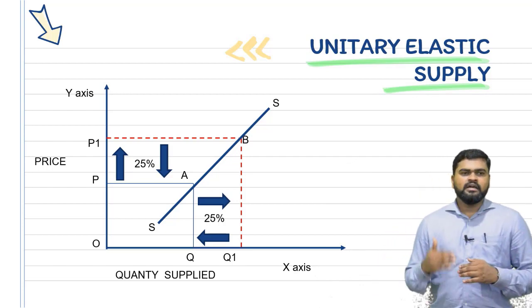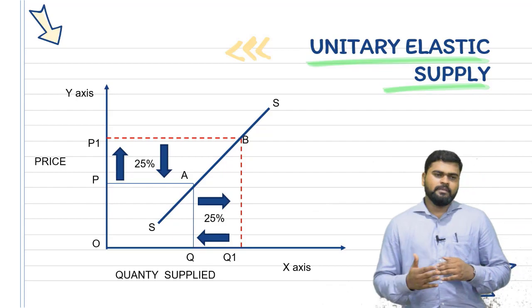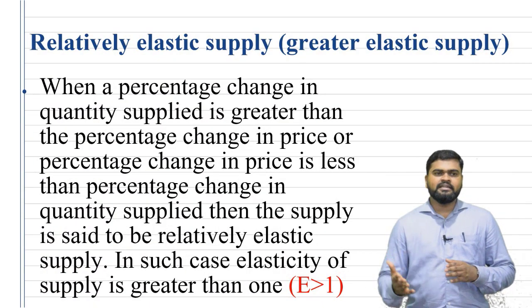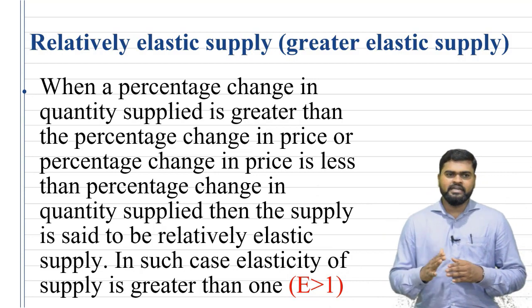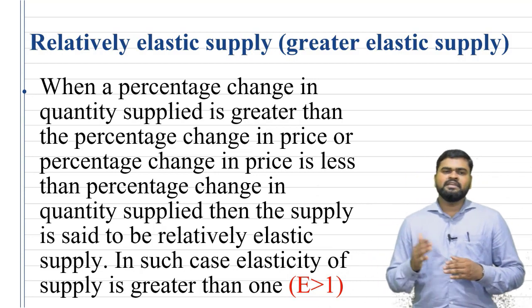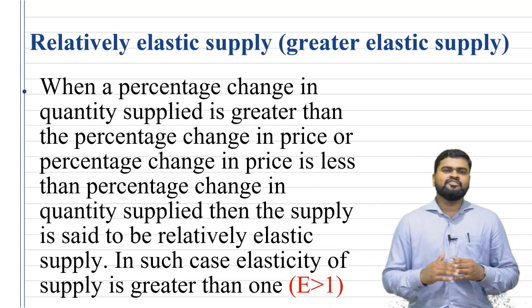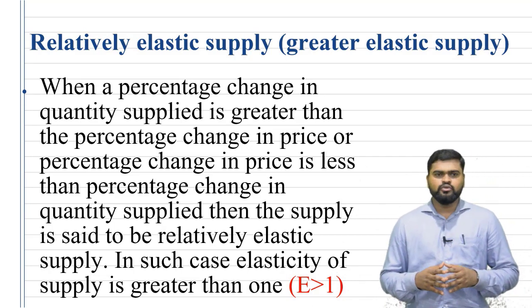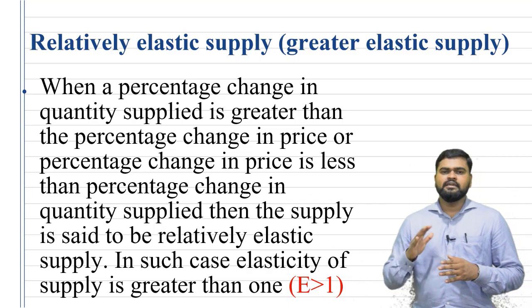Next is relatively elastic supply. When percentage change in quantity supply is greater than the percentage change in price, or percentage change in price is less than that of percentage change in quantity supply, then supply is said to be relatively elastic supply.